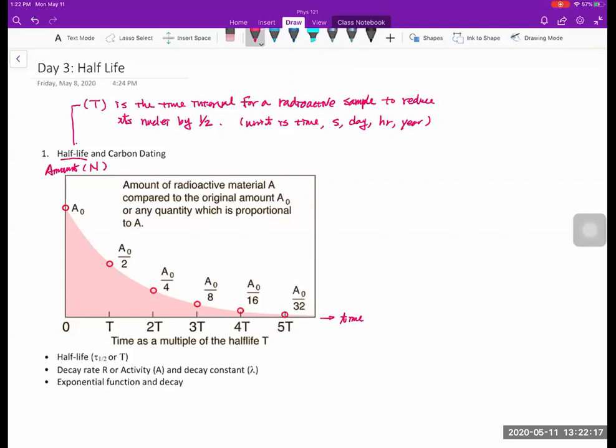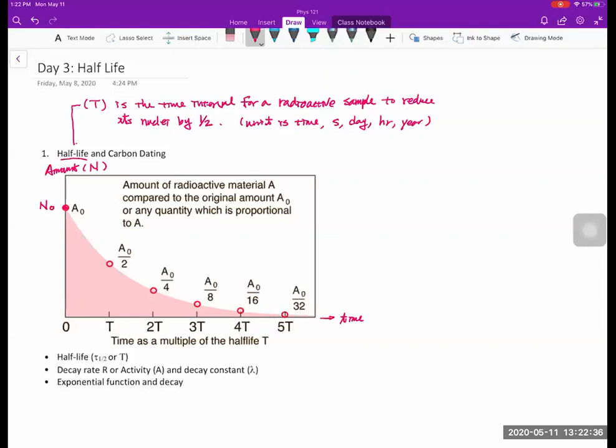Now, sometimes they don't give you the equation or the number directly. Sometimes they give you a graph. If you get this graph, you have to understand that when time is 0 is where you start. This is N0, which you see a lot in the equation.